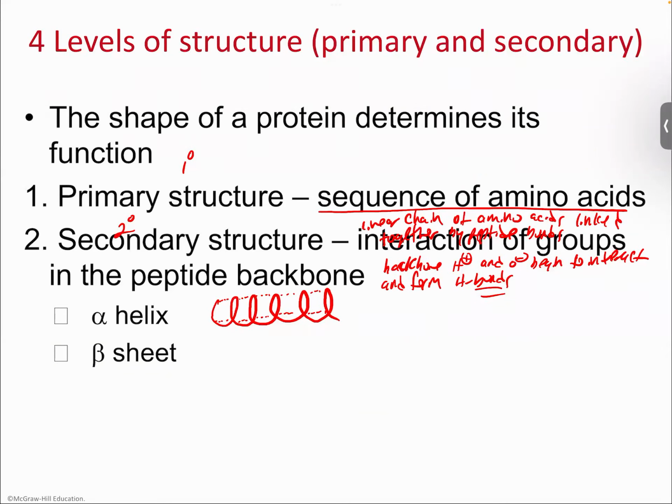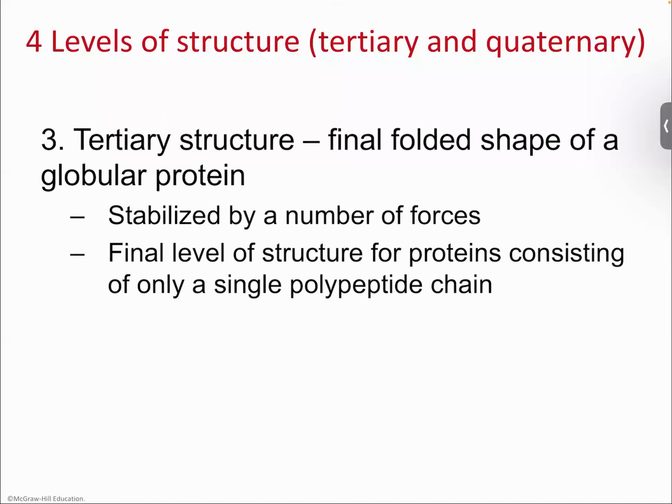The other major pattern is what's called the beta pleated sheet, where it forms a zigzag pattern like this, held together with hydrogen bonds. So those are two major patterns that you see in secondary structure. And we're going to see some pictures of this in just a second, so you can get some visual on it.